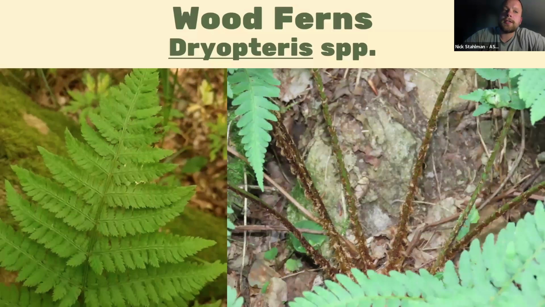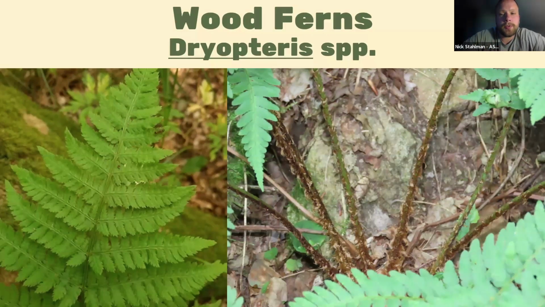Wood ferns, we aren't going to spend a whole lot of time on these because this is a complicated genus. Wood ferns hybridize like crazy, and there's already a good number of Dryopteris in Pennsylvania. They can hybridize, so some of these traits will be a little intermediate between the two species.